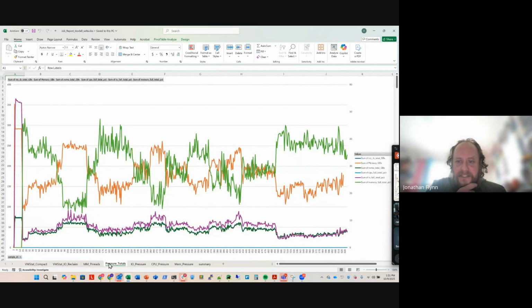Pressure totals is simply charting up those deltas in a percentage per second, right? A good way to think of this is over here, for example, the green line, which is my memory full percentage, meaning how much time did I waste waiting on memory. We can see that we're riding just under 40% on average.